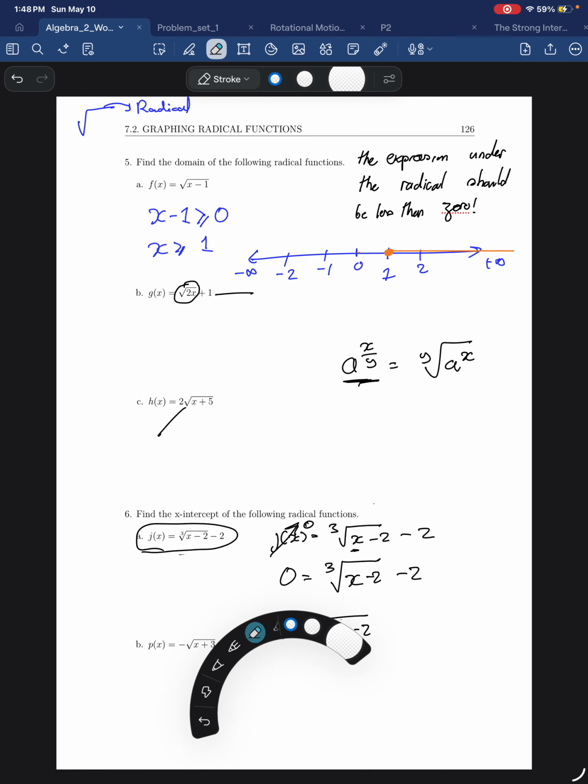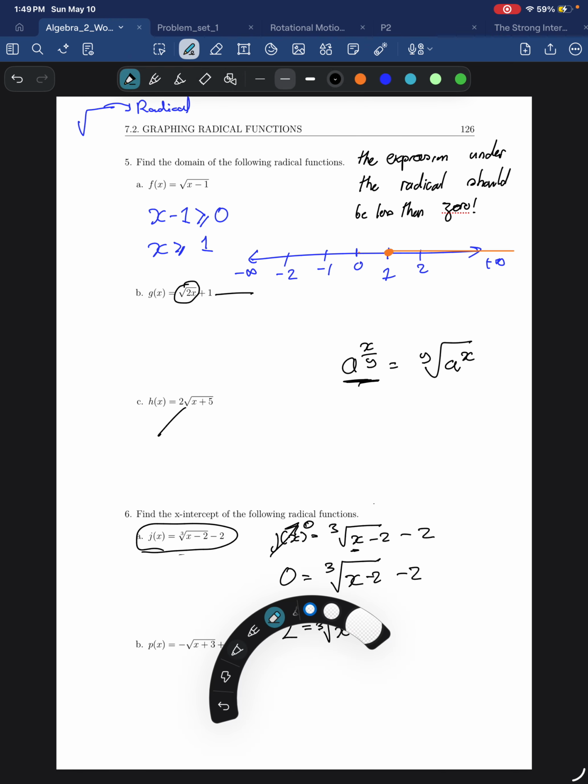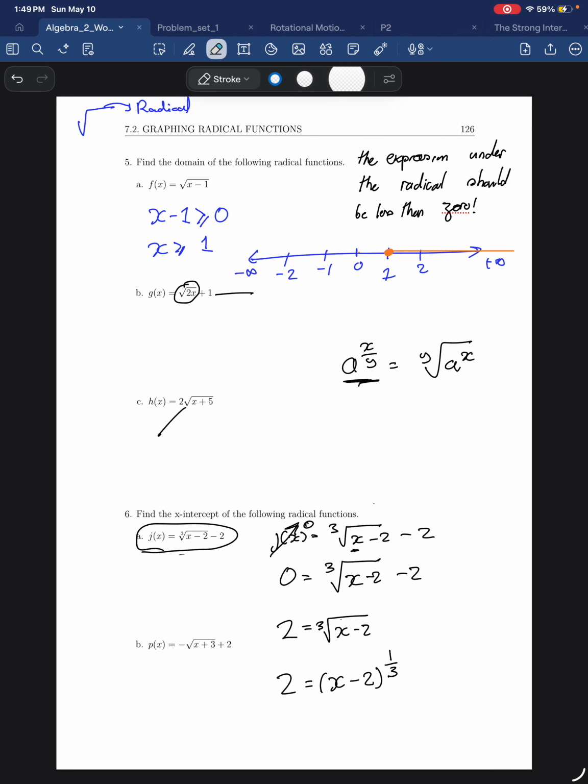So I'm going to have 2 equals x minus 2 to the power 1 over 3. Now we want to isolate the x, because we want to know the value of x. So how am I going to do that?